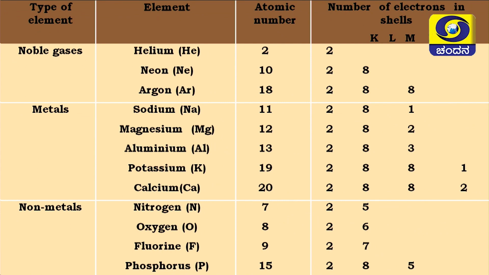And now coming to the non-metals, nitrogen is 7, 2 and 5; oxygen is 8, 2 and 6; fluorine atomic number is 9, electronic configuration 2 and 7; phosphorus atomic number is 15, electronic configuration 2, 8 and 5.